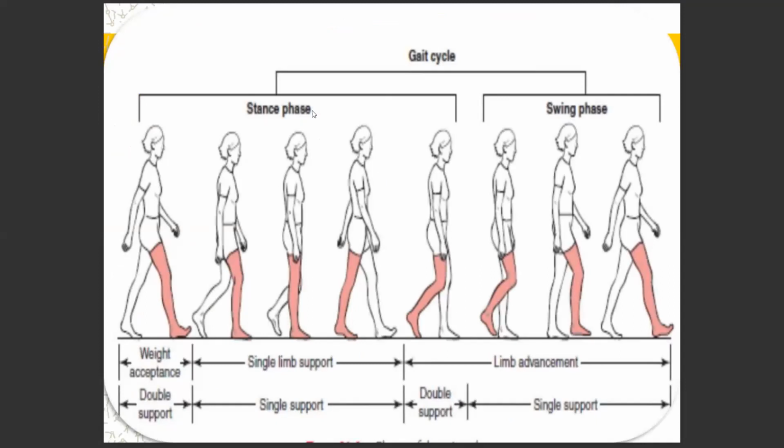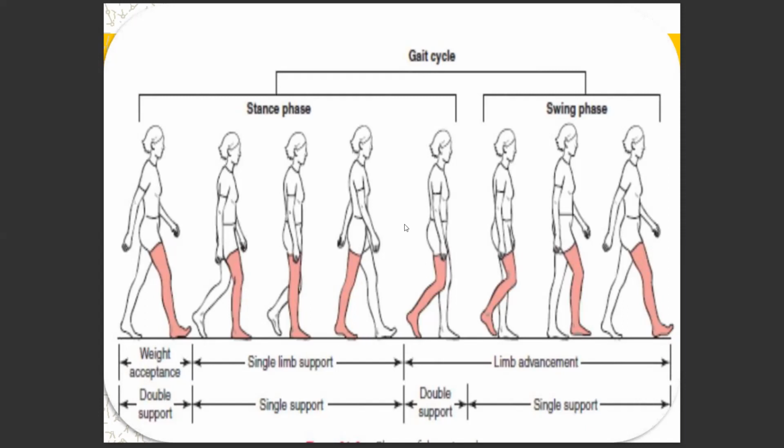These are in the one gait cycle. This is the stance phase. This is the swing phase. In the stance phase, this is the heel strike. This is the loading response at the flat foot. This is the mid stance where all the body weight is on the leg. This is the heel off.